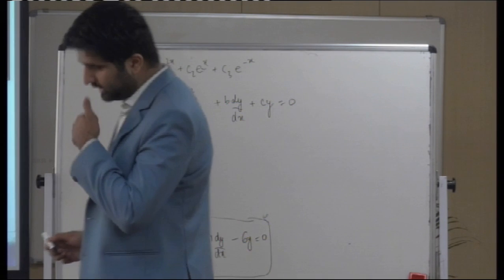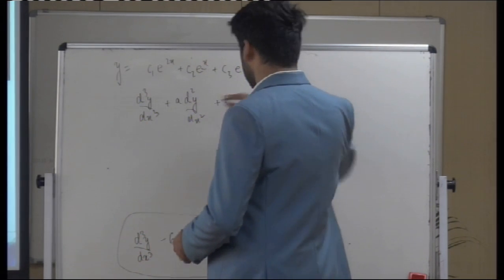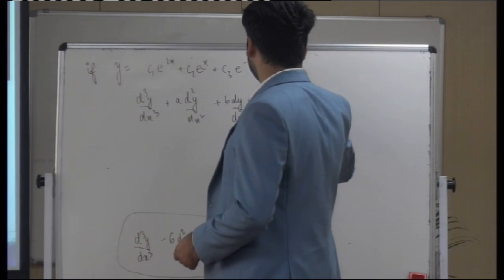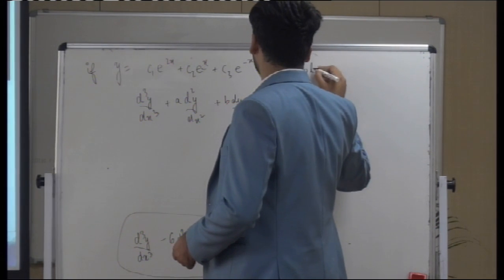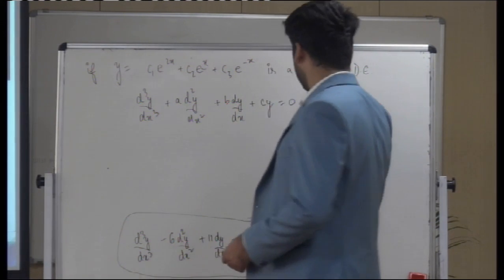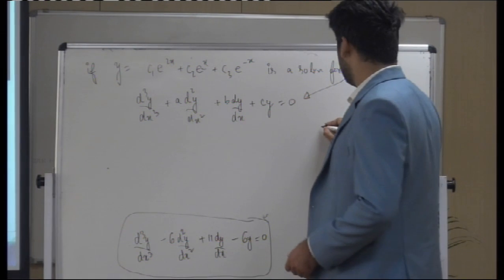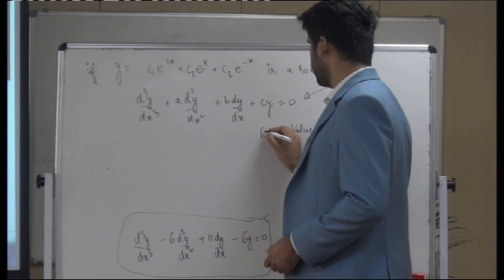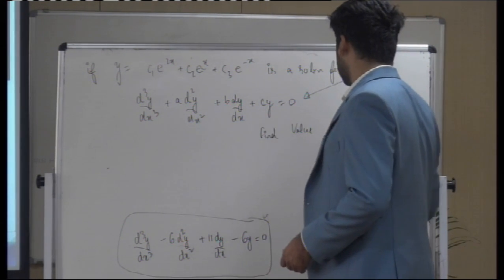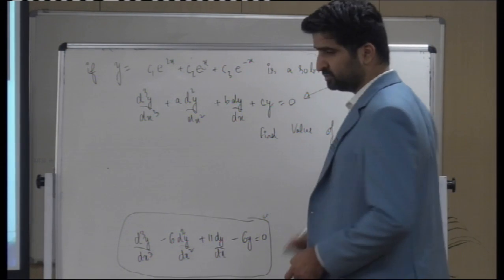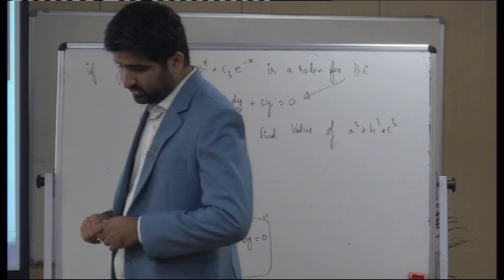So if this function is a solution for the differential equation given by this, tell me the value of a cube plus b cube plus c cube upon abc.